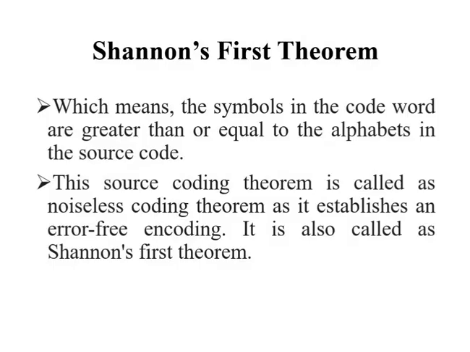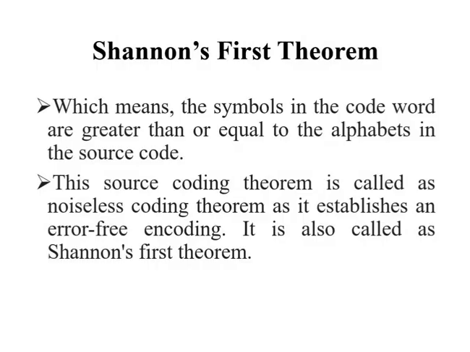Shannon's first theorem means the symbols in the code word are greater than or equal to the alphabets in the source code. This source coding theorem is called the noiseless coding theorem, as it establishes error-free encoding. It is also called Shannon's first theorem.